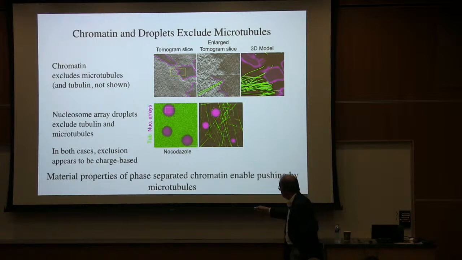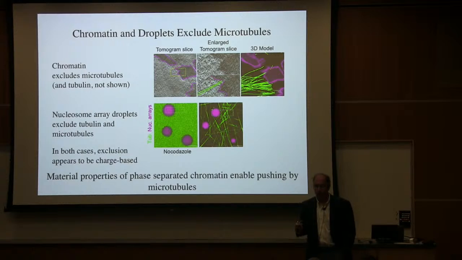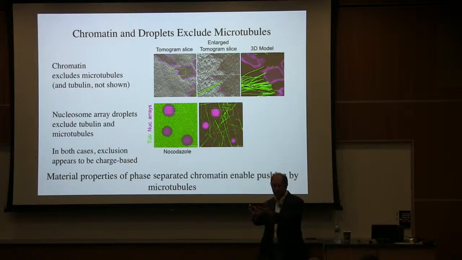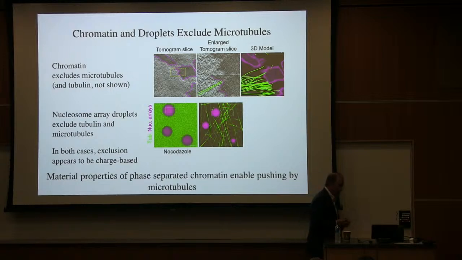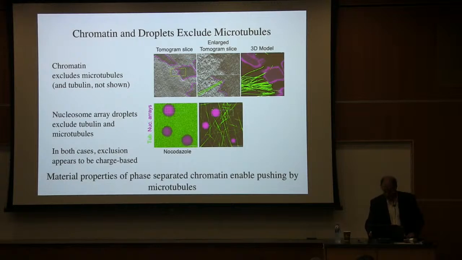And I should note that in both cases, both in vivo or in cells and in vitro, this exclusion appears to be based on the high negative charge on tubulin, which kind of makes intuitive sense. You've got very negatively charged DNA, and negatively charged molecules don't like to go into those droplets. And so essentially what we think is that the material properties of the phase-separated chromatin enable it to be pushed by microtubules.